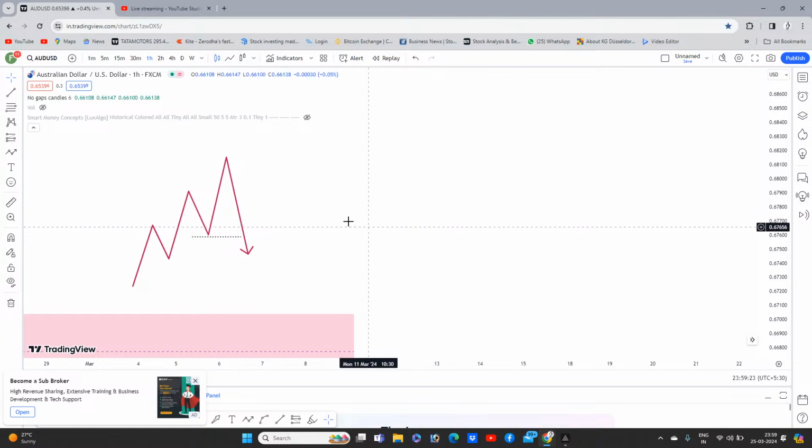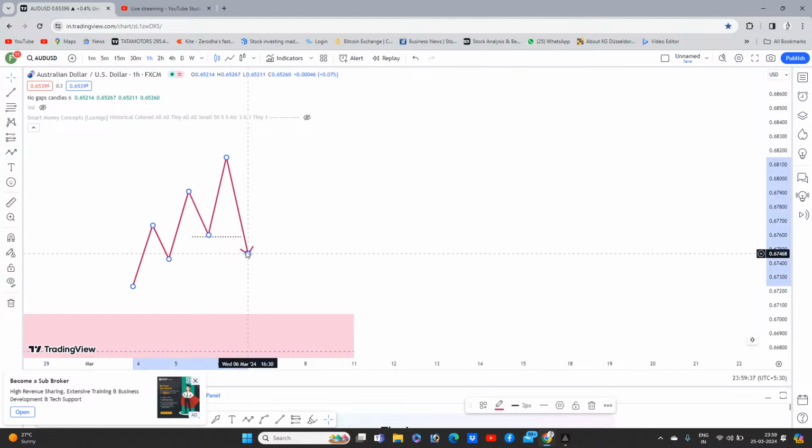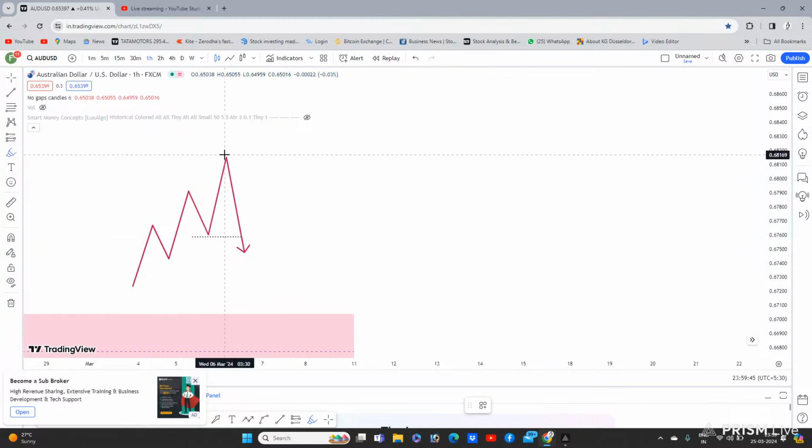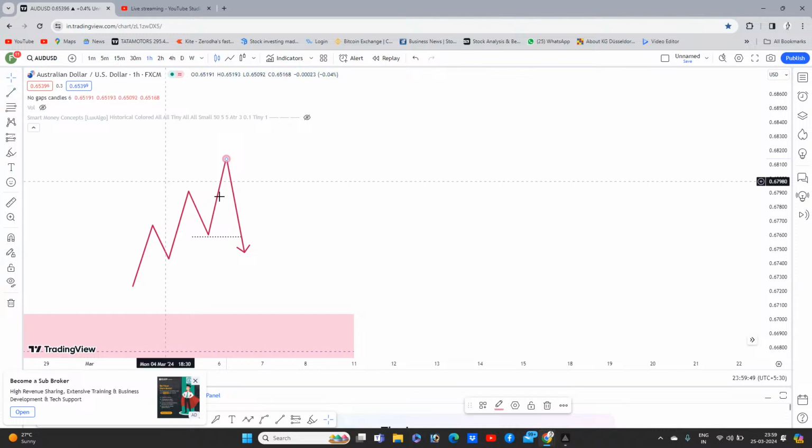The structure is created when the market breaks this first pullback, and by taking I mean breaking, then we can say that the market has created a swing point above it. I hope you are getting my point, that the market has now made a swing high point.